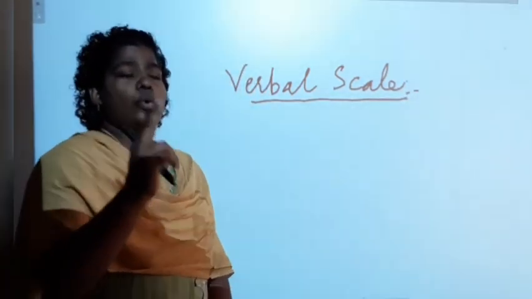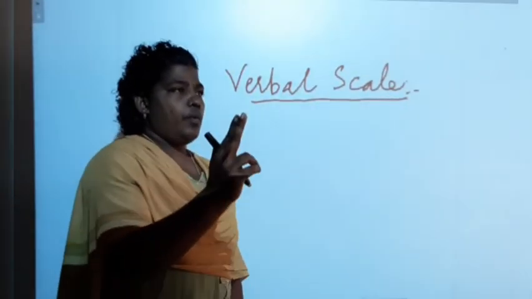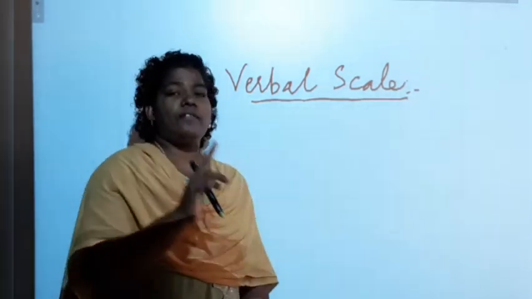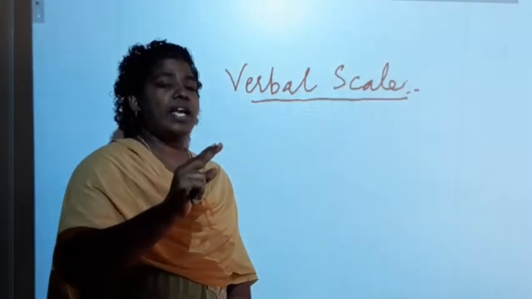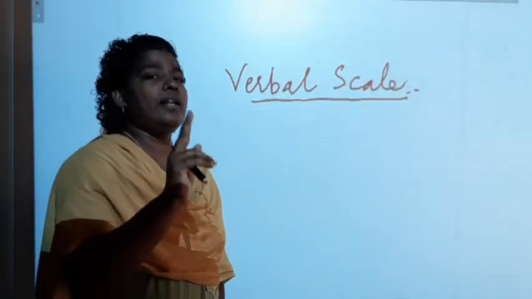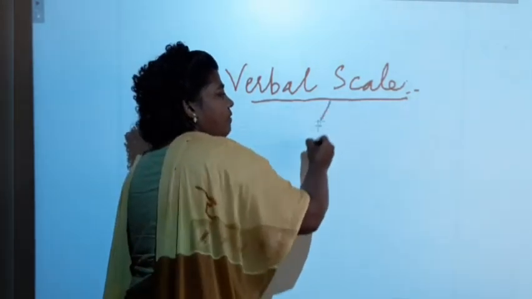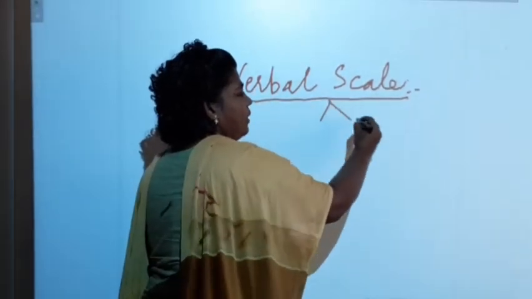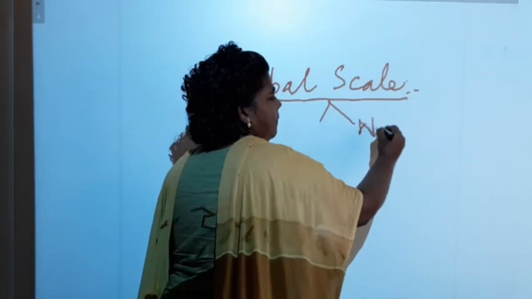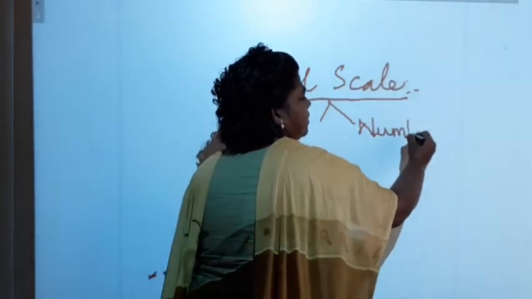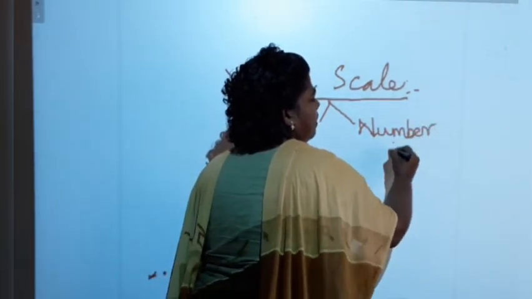There are two things in the verbal scale. The verbal scale is always noted in number or units.